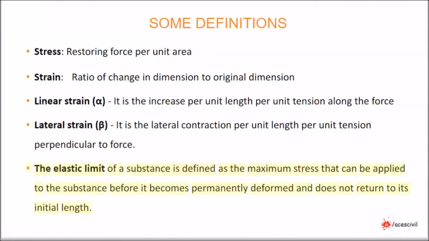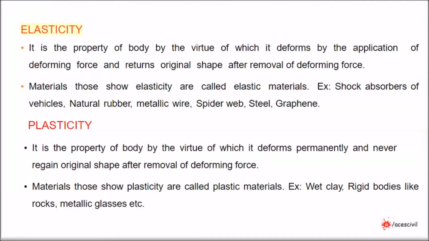The elastic limit of a substance is defined as the maximum stress that can be applied to the substance before it becomes permanently deformed and does not return to its initial length. Elasticity is the property of a body by virtue of which it deforms by the application of a deforming force and returns to its original shape after removal of the deforming force.